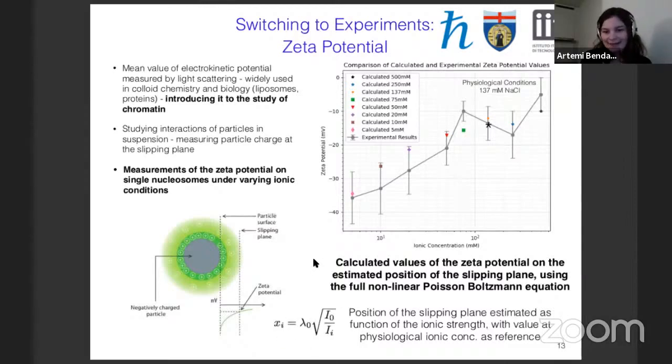So we basically estimated it taking the physiological ionic concentration as reference, and then we used this to estimate its position for different ionic concentrations. But we were overall happy because even though we overestimated it, usually we were able to get a match nonetheless.